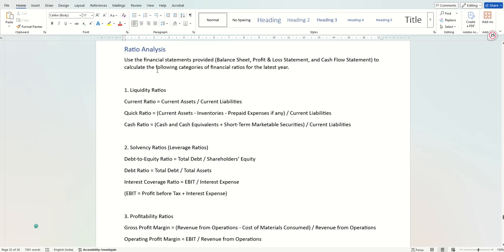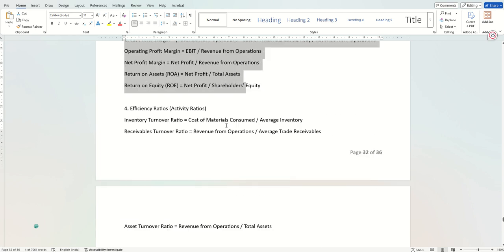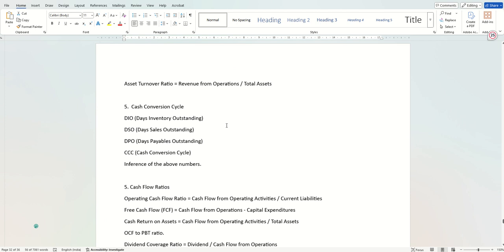Here I have completely fed the formulas, but there are different types of ratios like liquidity, solvency, and profitability ratios, all that. For all those ratios I have put the formula so that you can pick up the right numbers from the statement.